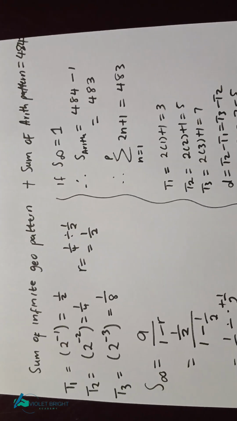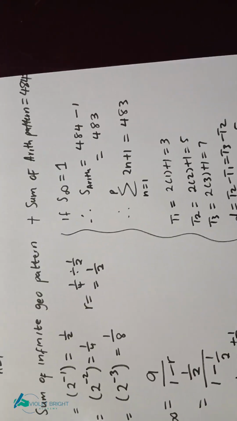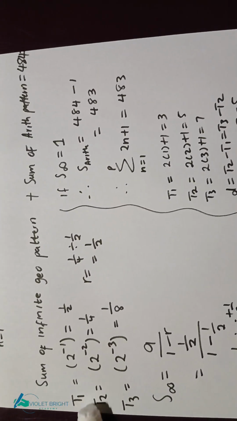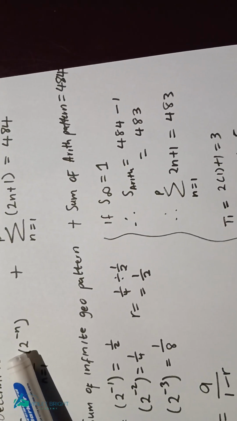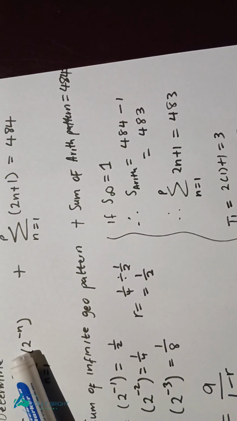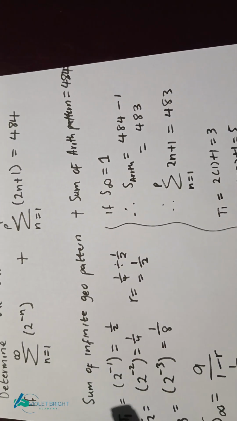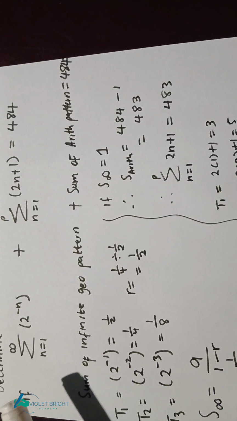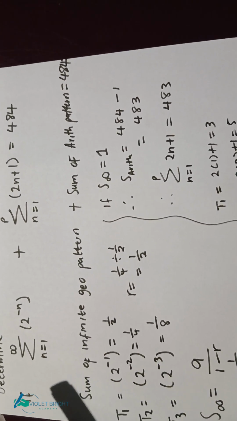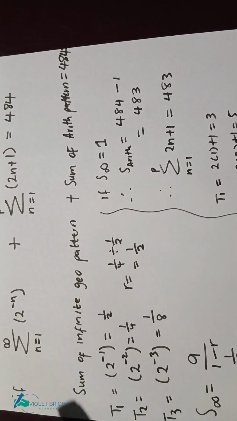So now firstly, we find term number 1, term number 2, and term number 3. Remember that here it's basically the general formula of this pattern. So we just use the general formula: n is equal to 1, which means to find the first term, we substitute with 1.